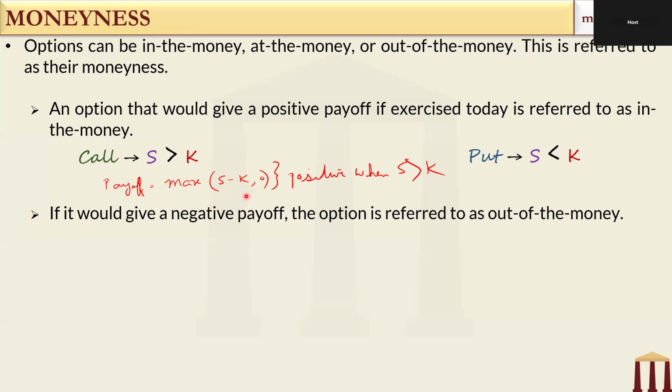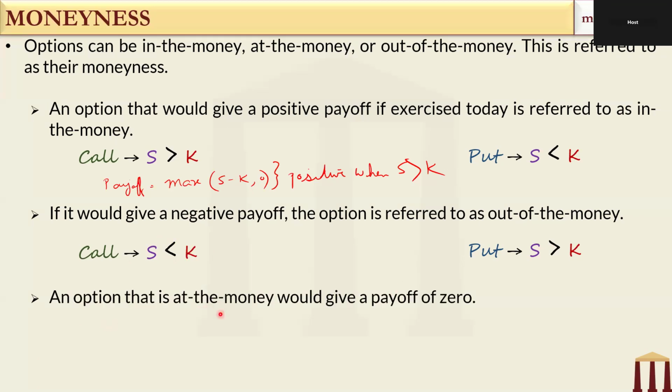Ideally we should not exercise such an option. But theoretically, if we did, it would give a payoff of S minus K, which becomes negative if S is less than K for a call option. And of course, the opposite for a put option.